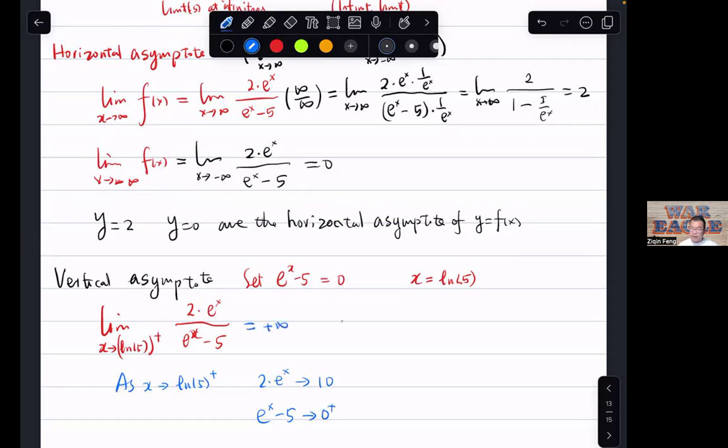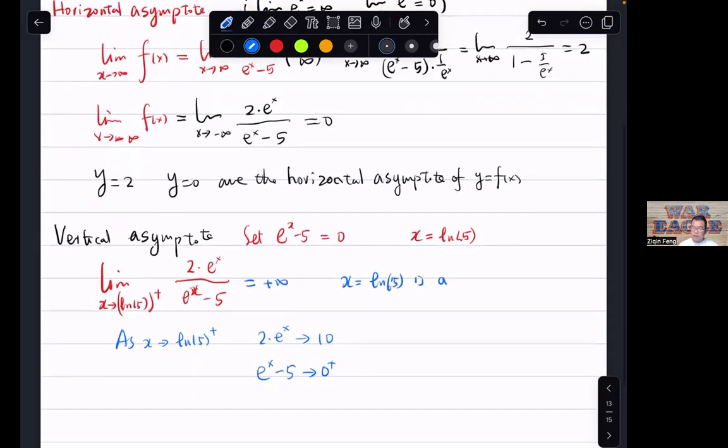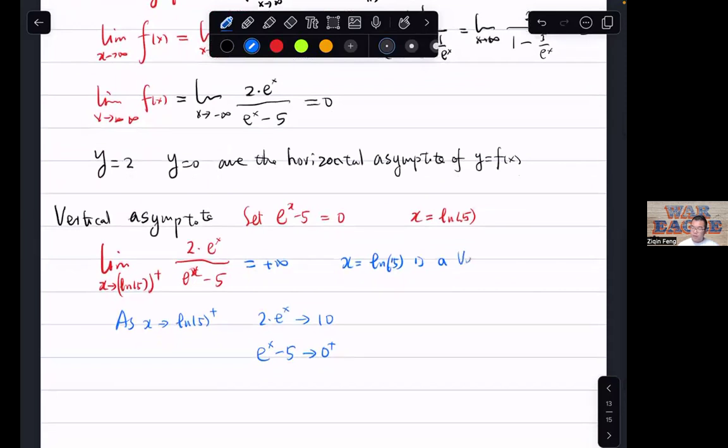So this means x equal to natural log of 5 is a vertical asymptote of y equal to f of x. And that's the only one, because that's the only number that makes the denominator equal to 0.